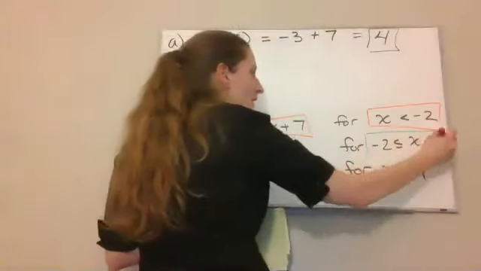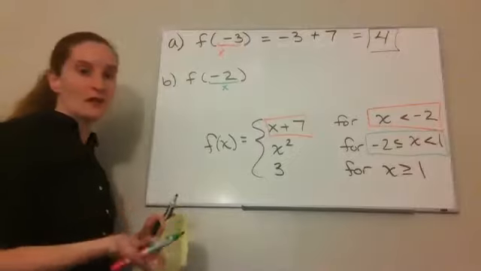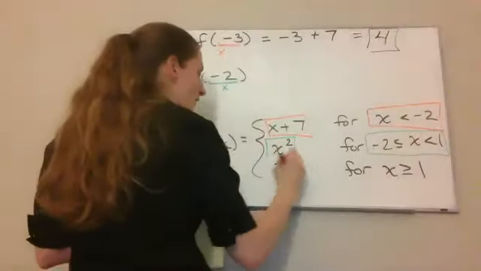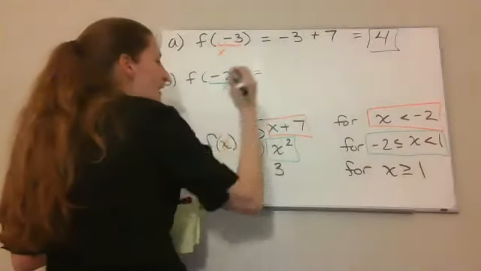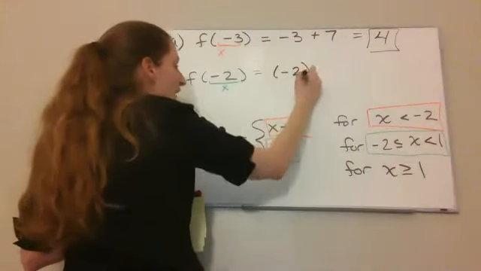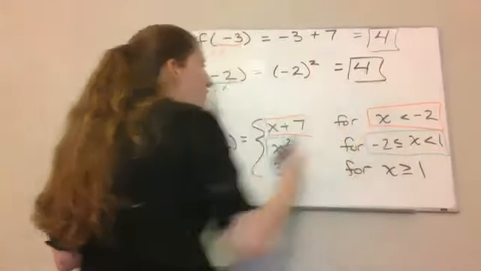But this middle one here, I include my -2 with that equals. So this means I need my second rule, x squared. So f of -2 is equal to that x value squared, which is 4.